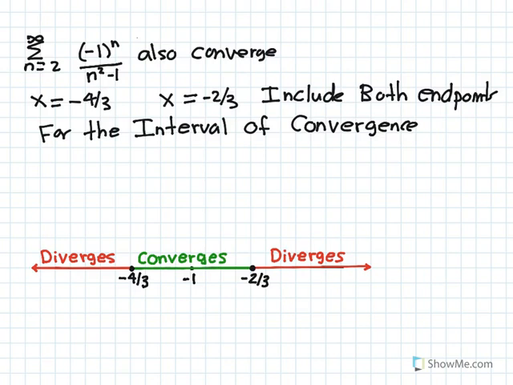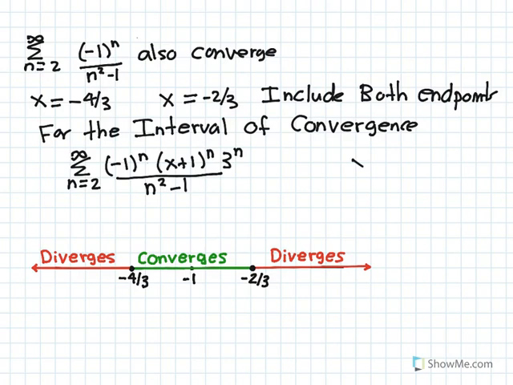So the interval of convergence of this power series, summation n equals 2 to infinity of negative 1 to the power of n times x plus 1 to the power of n times 3 to the n divided by n squared minus 1, is x less than or equal to negative 2/3. We include the right endpoint, and we also include the left endpoint, negative 4/3. This is the interval of convergence.